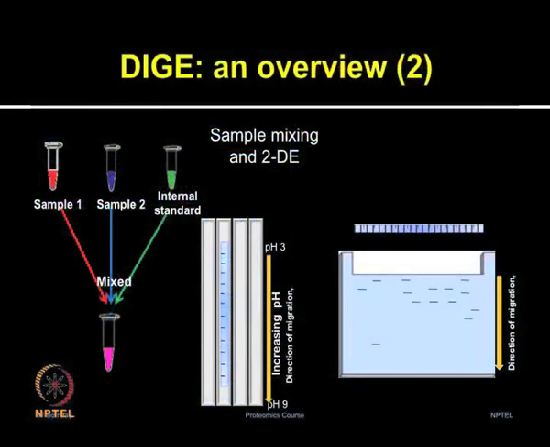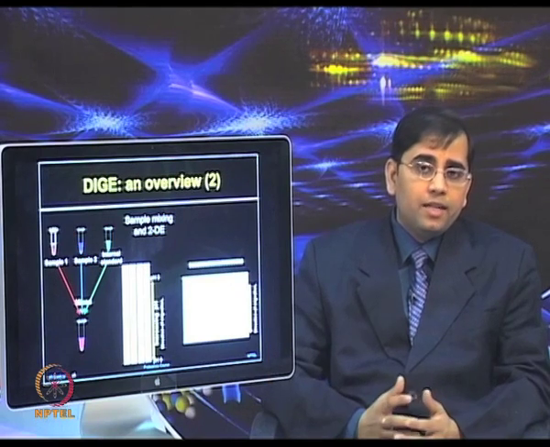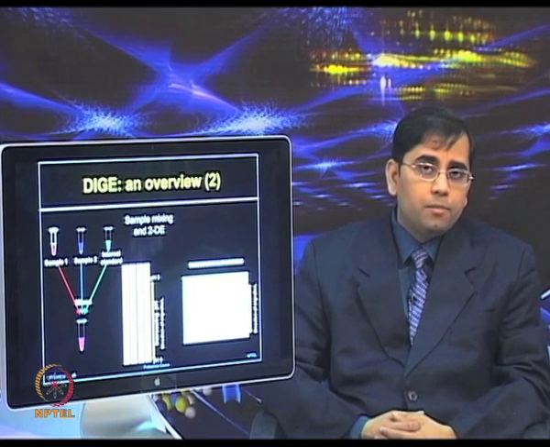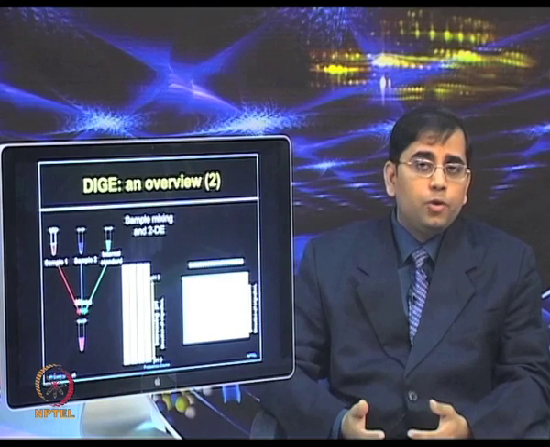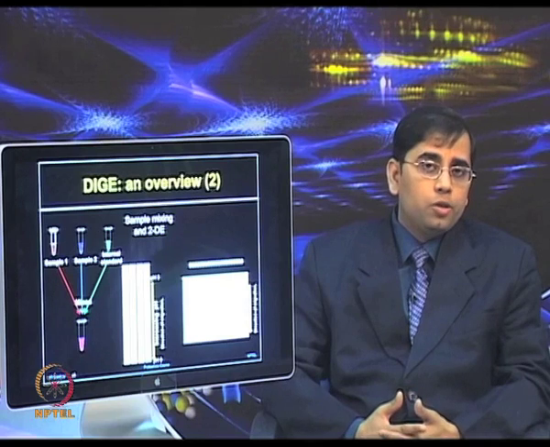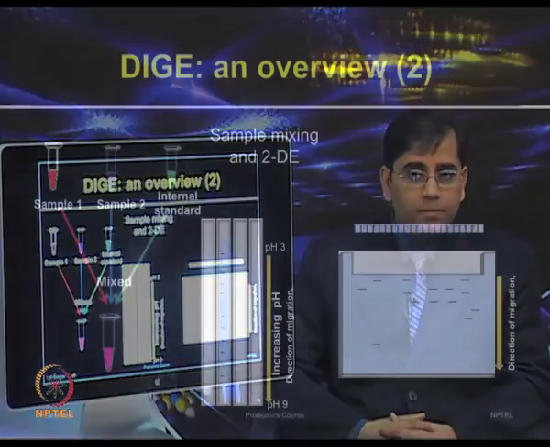So, in conventional 2-dimensional electrophoresis, the gel to gel variations which come from acrylamide polymerization, electrical, pH and thermal fluctuations in different gels can be overcome in DIGE, because all the protein separation is going to happen on the same gel. So, all those artifacts can be minimized by using the DIGE approach.